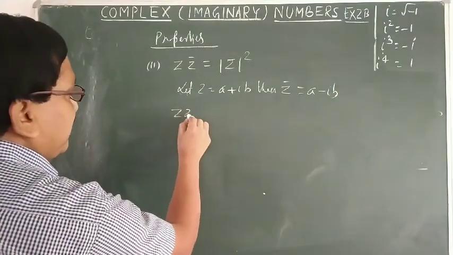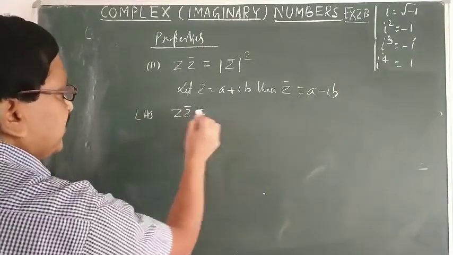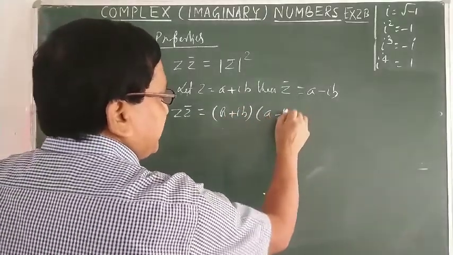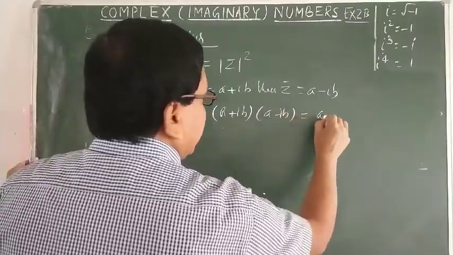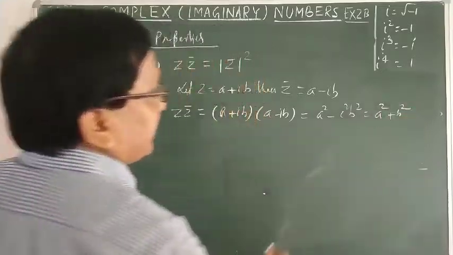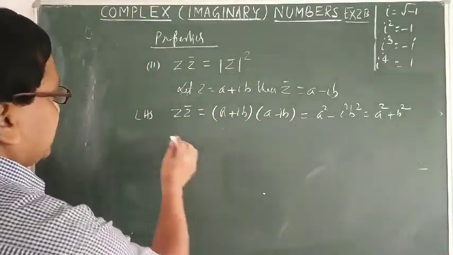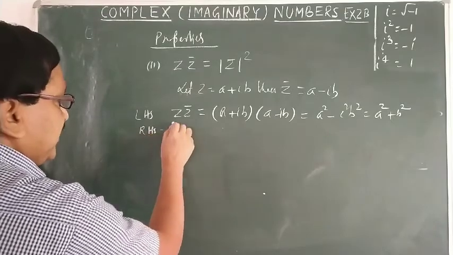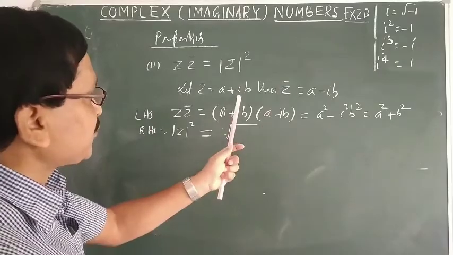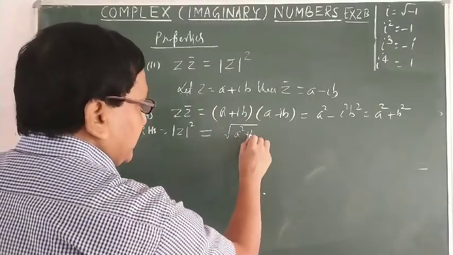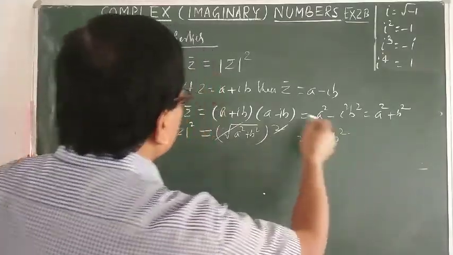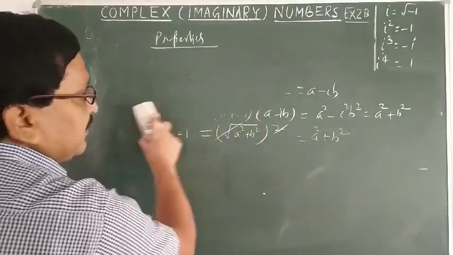Now LHS is equal to (a + ib) into (a - ib). So this is a square minus i square b square. So this is a square plus b square, since i square is equal to minus 1. Now RHS is equal to mod z whole square. This is mod z, you know, square root of a square plus b square, whole square. So this is cancelled, so a square plus b square. So this property is also proved.